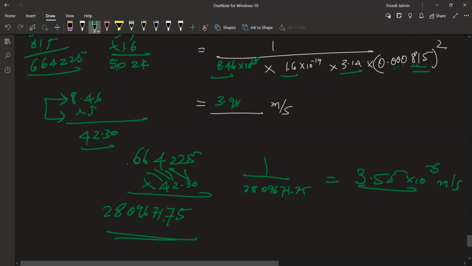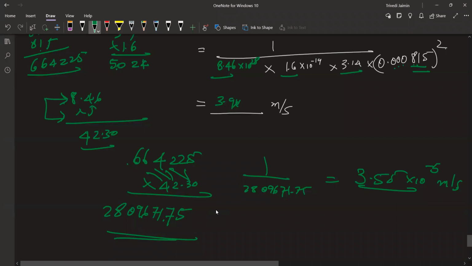Still, if we want to make it simpler, let me try that way. Yeah, almost we will get the same.